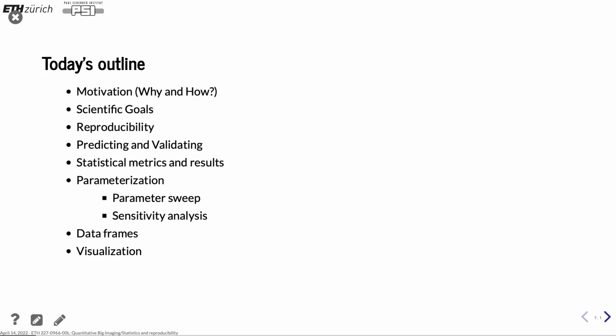How to make a hypothesis around the data you have got, and later also looking into how to do parameter sweeps. So that is for the testing, and later also how to actually pack up the data in data frames and how to visualize this data.